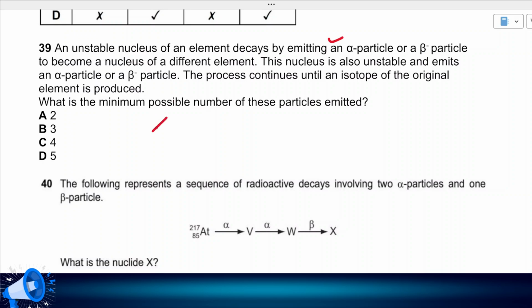So very interesting question. So let's say we have an unstable nucleus and the atomic number is, let's say, 10, the atomic mass is 20. Okay, I'm going to keep it simple. So the first one, it is decayed into something.